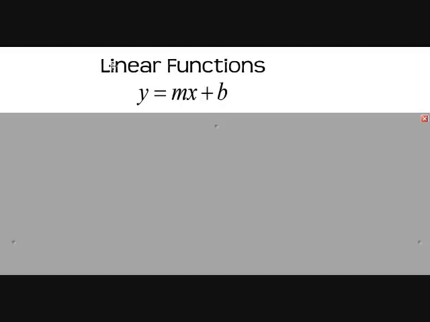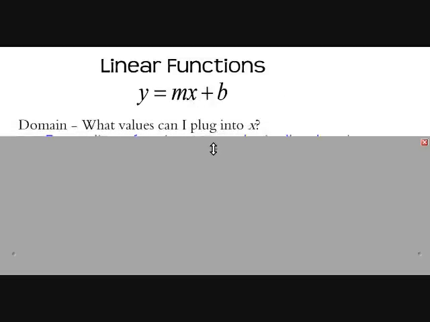Okay, starting off with linear functions. y equals mx plus b, the general slope-intercept form that we usually think about lines being given in, but they don't have to be in it. If you think about domain, you want to think about what value can I plug into x. Whether it's y equals 2x plus 3, y equals x, y equals negative 3/4 x plus 7,000, whatever function it is, what am I allowed to plug into x?